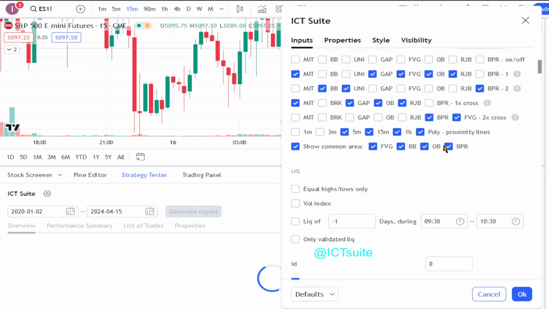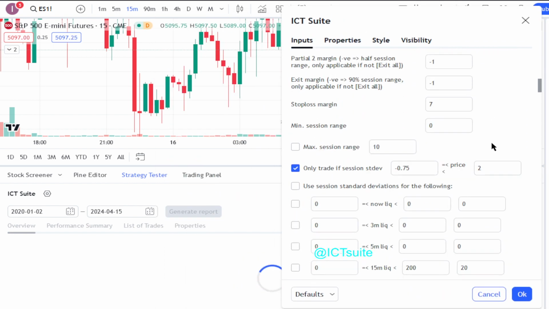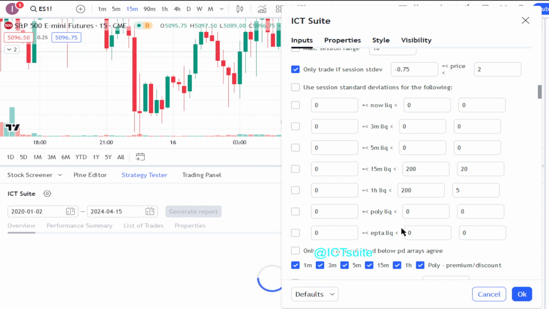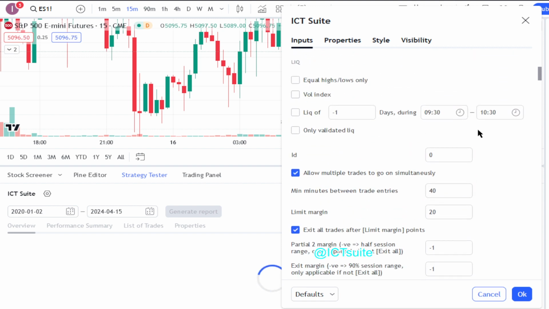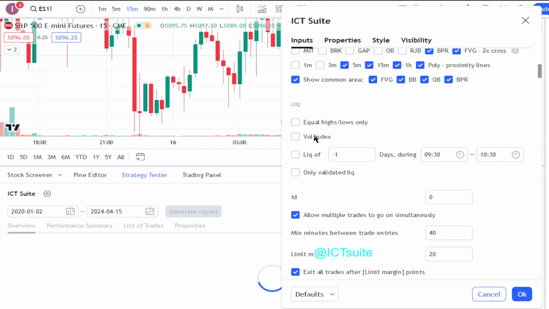For using it in the strategy itself, we have a lot of options for liquidity. We have different kinds of liquidity as well, equal highs, lows. You can specify how many days and at what times liquidity you would like to look at.